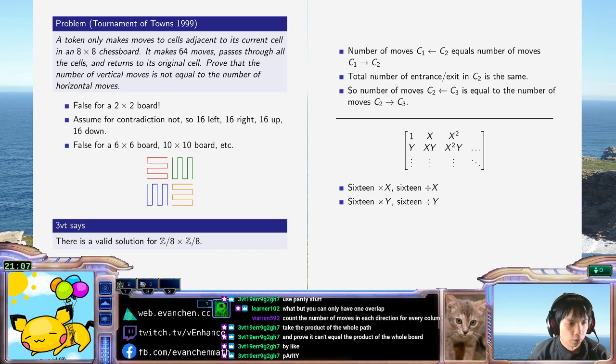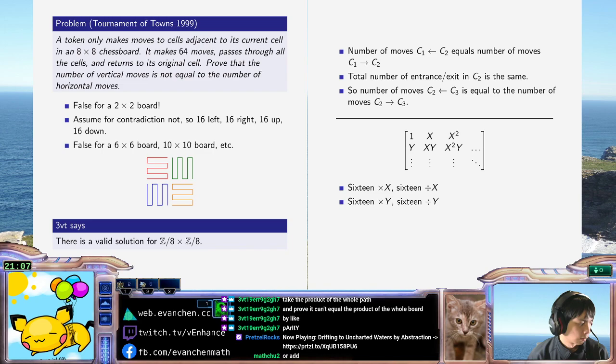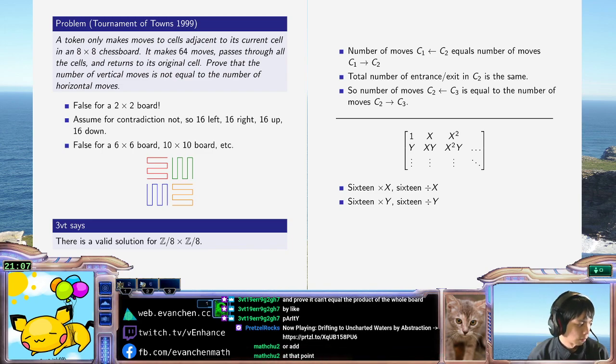Take the product of the whole path. What? Or add? At that point.